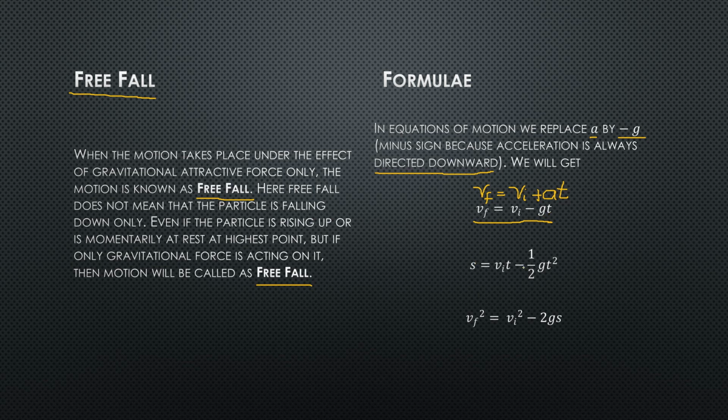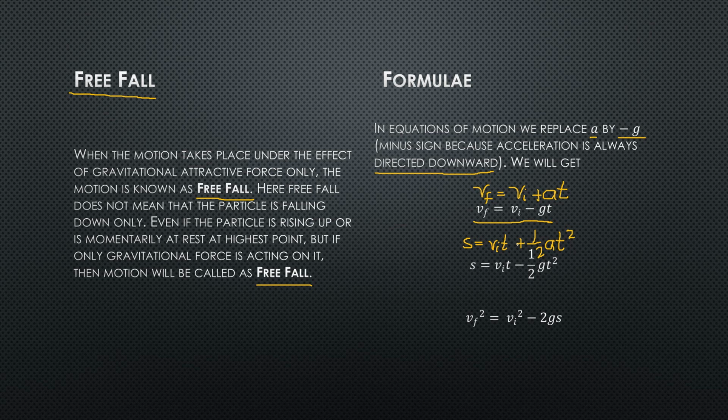Similarly, the original formula from the previous lecture, for horizontal motion, is distance equals initial velocity multiplied by time plus 1/2 a t squared.